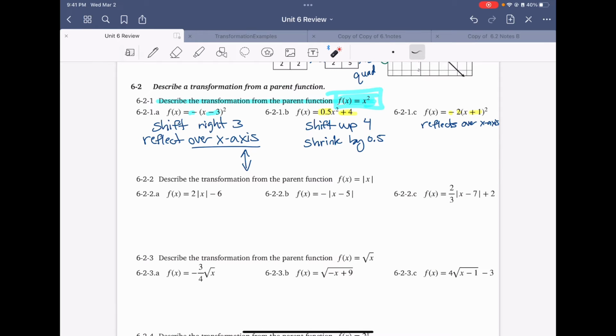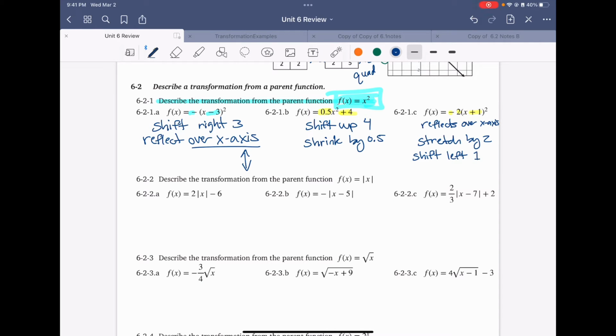All right, the next thing is the 2, and we talked about that just a minute ago. A 2 is going to stretch because 2 is bigger than 1, so it's going to stretch by 2. And the last thing is adding 1 inside those parentheses. So that's going to be a shift because we're adding or subtracting something. And then it's going to shift to the left 1.